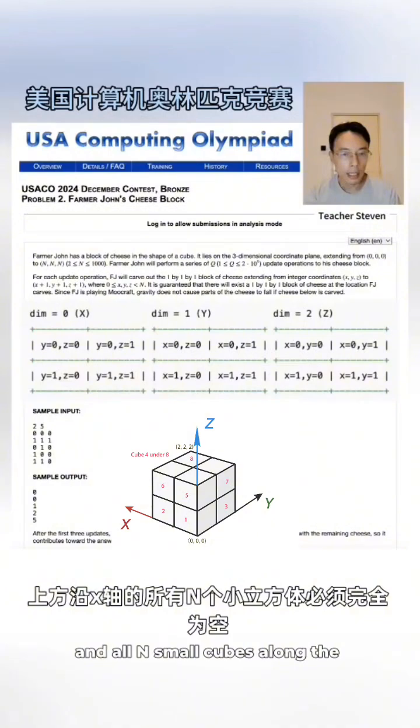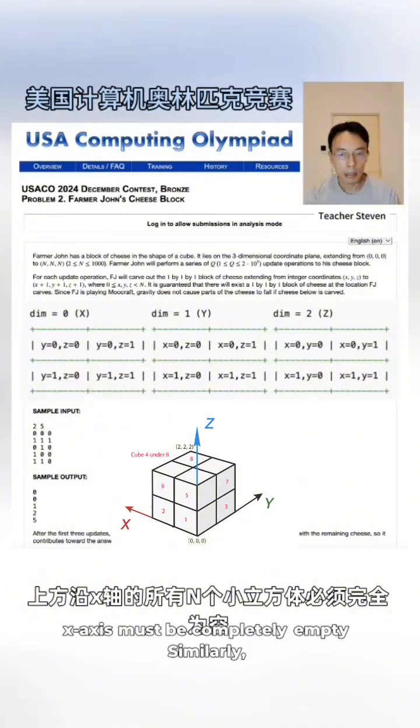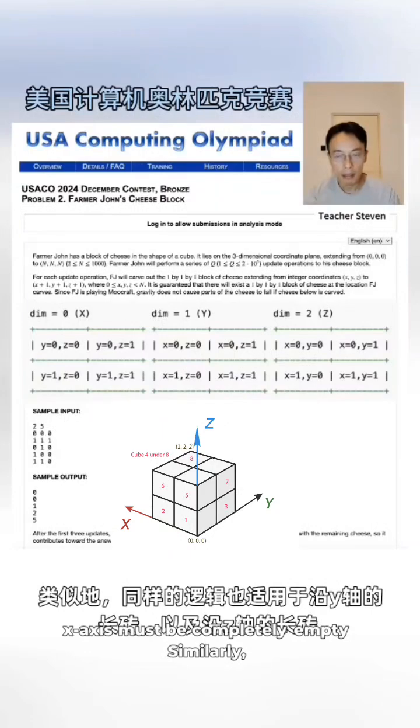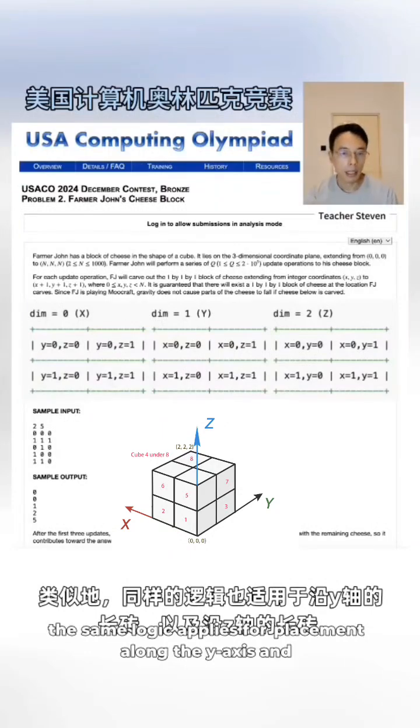And all n small cubes along the x-axis must be completely empty. Similarly, the same logic applies for placement along the y-axis and the z-axis.